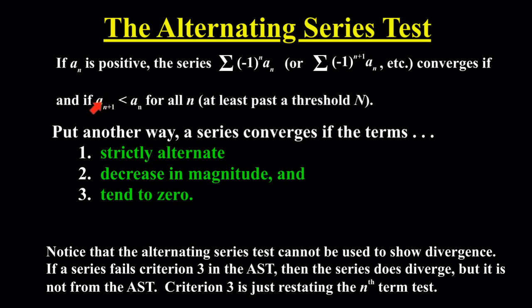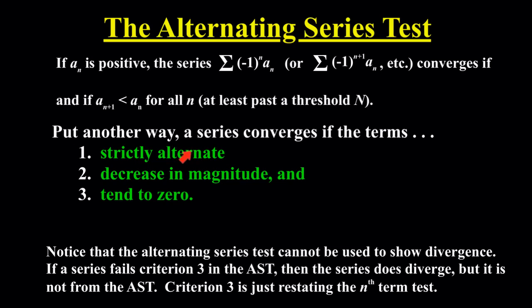And if your next term is smaller than the previous term, then there are some other things that are also going to be taking place. So in order for an alternating series to converge by the alternating series test, there are three things that have to take place. Number one, your signs have to strictly alternate. It means positive, negative, or negative, positive.